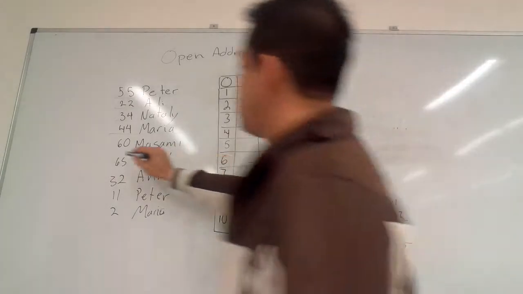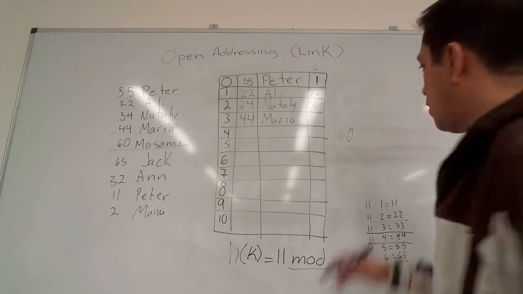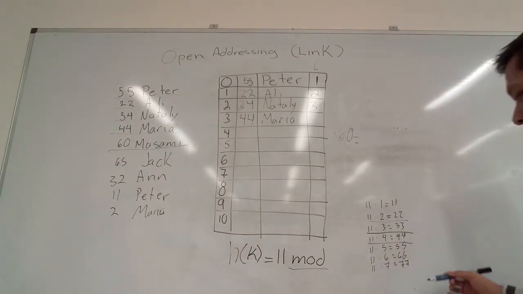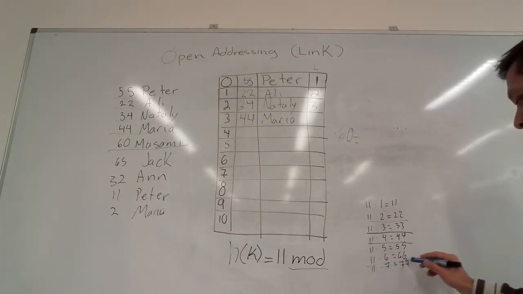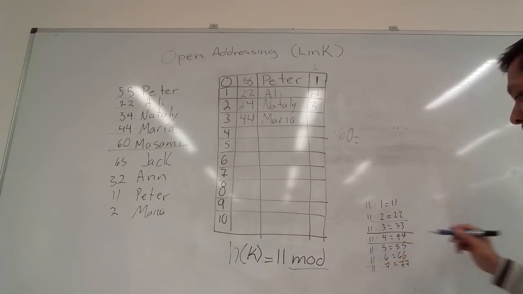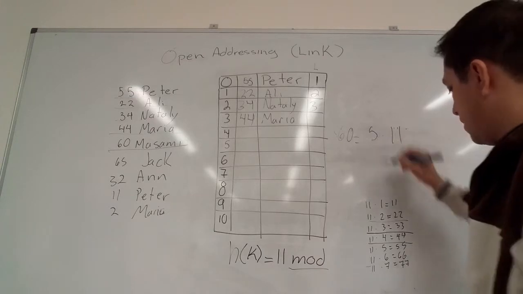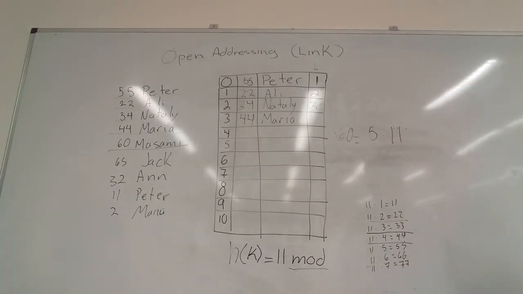So, let's continue with Masami, who is 60 years old. We cannot use 11 by 6, but we can use 11 by 5. 11 multiplied by 5 is 55, plus 5 is 60.